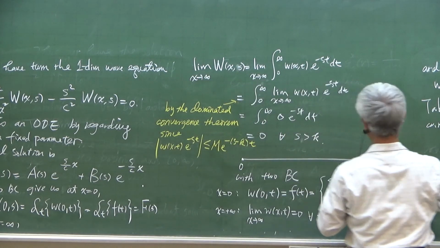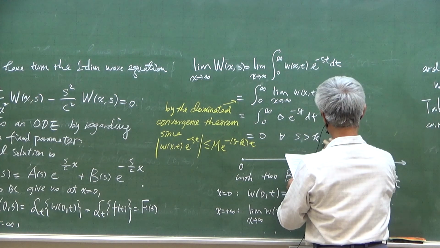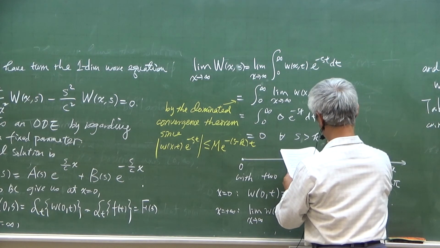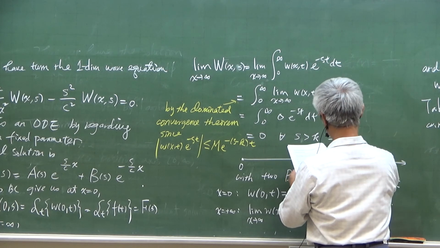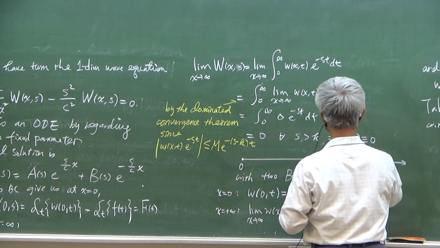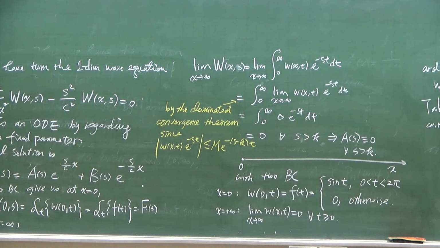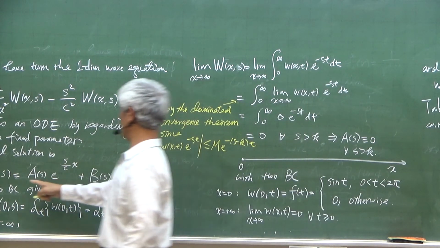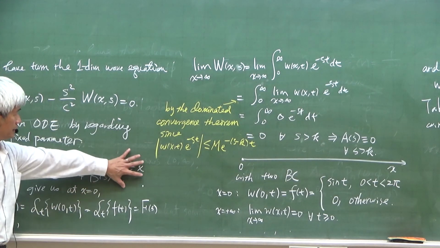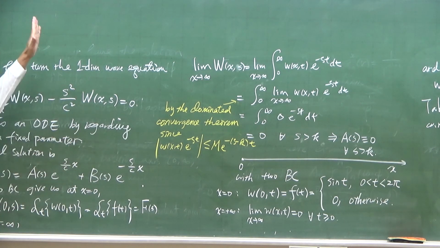Okay, and so this implies that A(x) should be equal to 0 for all x greater than k. This implies that, because as x goes to infinity, this vanishes, right? And this goes exponentially.